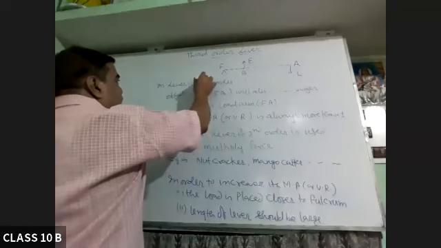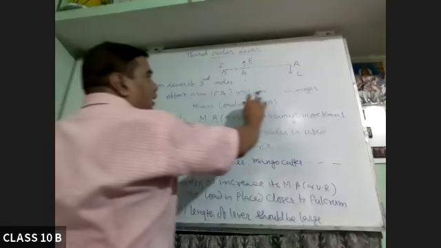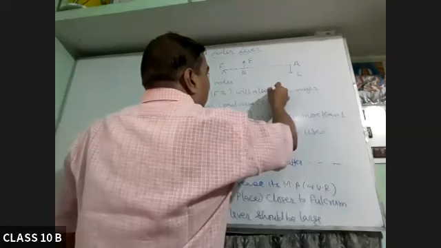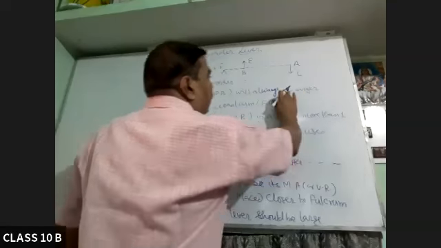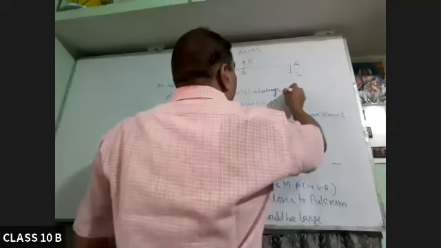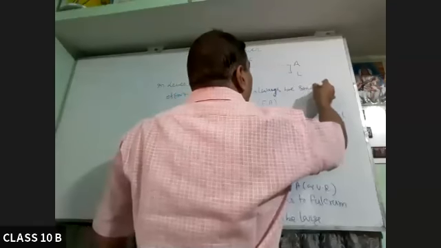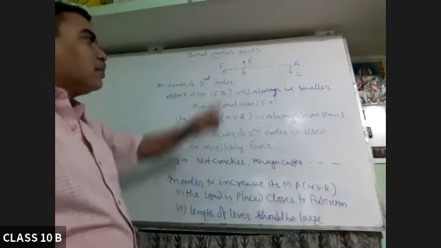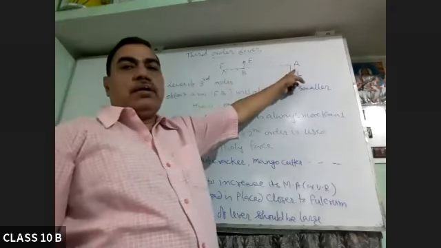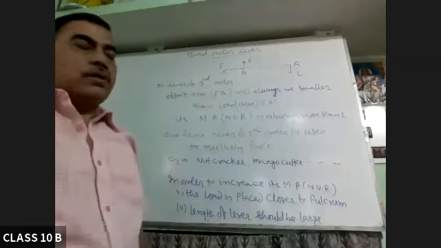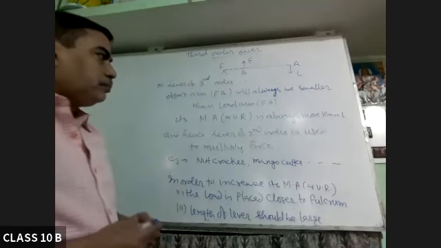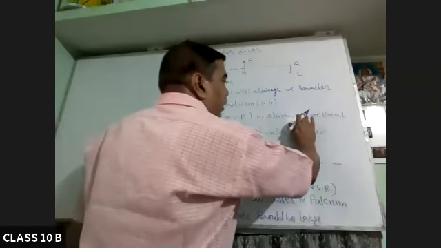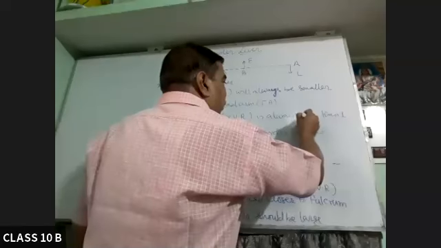So in lever of third order, effort arm will always be smaller than load arm. So here load arm is longer, effort arm is always shorter. So its mechanical advantage is always less than 1.